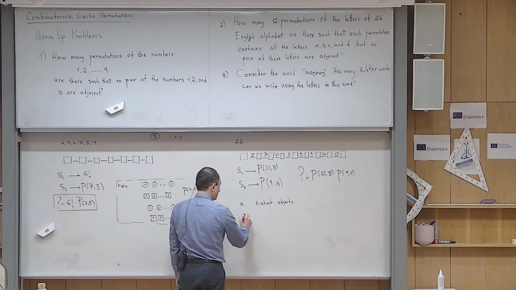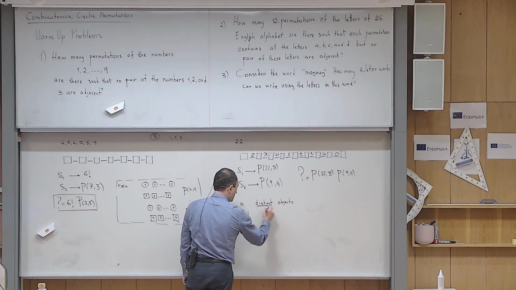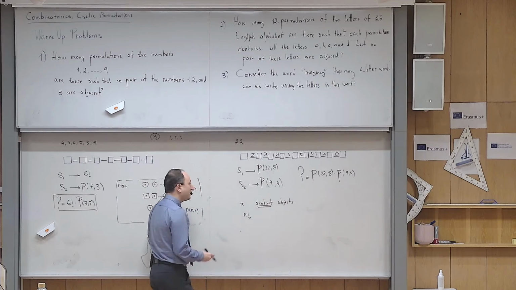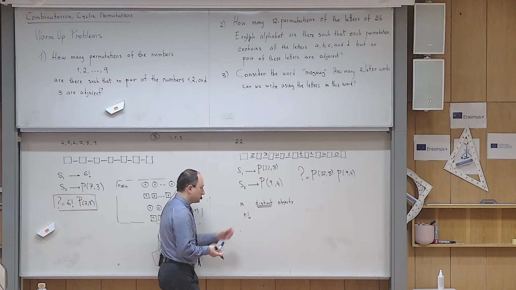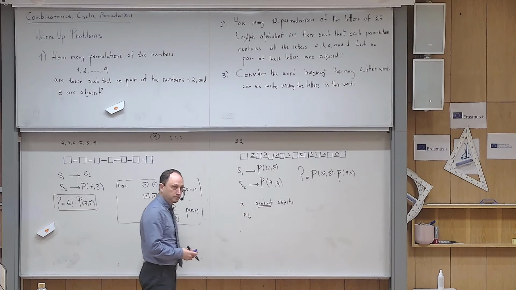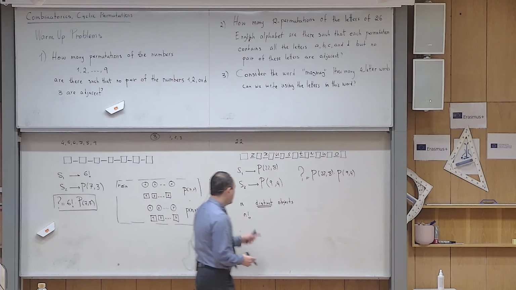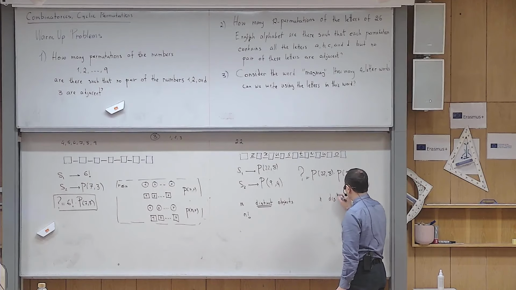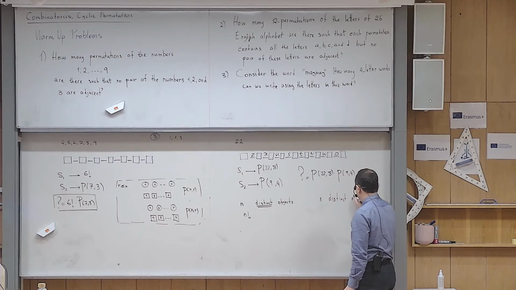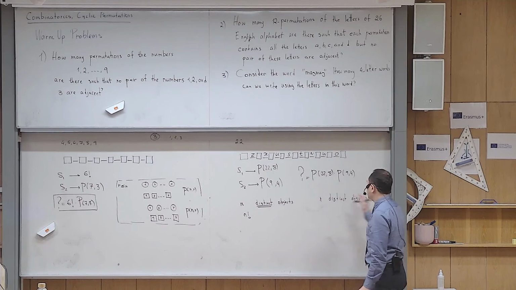N factorial. I am emphasizing the word distinct. So we have a formula for the case that I have n distinct objects and I want to use all of them. Yes? We also have a formula if I have n distinct objects but I don't want to use all of them.